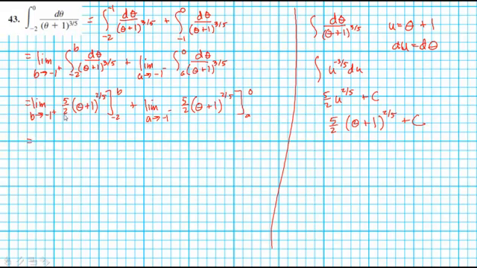I'm going to take this constant out all the way to the front. The limit as b approaches -1 from the positive side of b plus 1 to the power, minus -2 plus 1 to the power, plus the limit as a approaches -1 from the negative side.